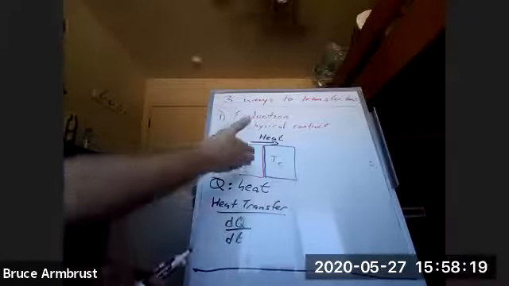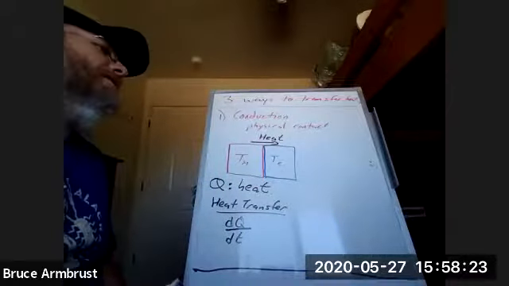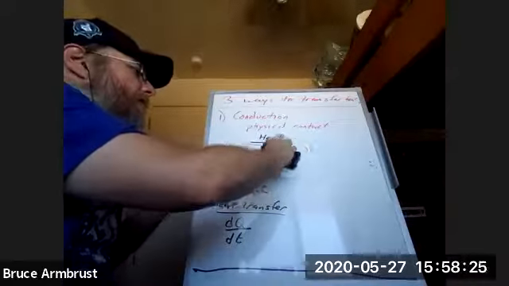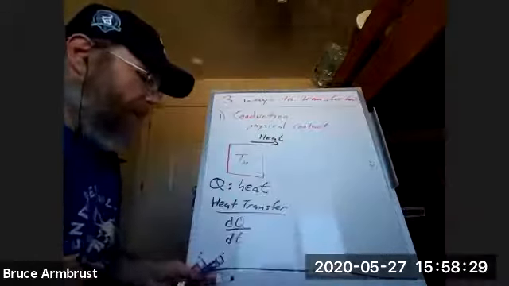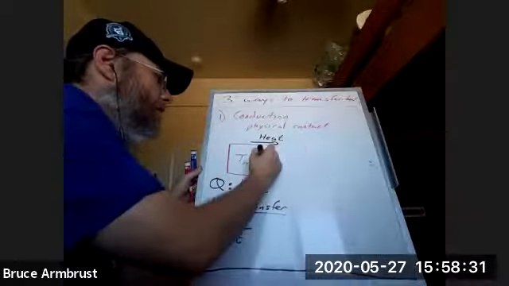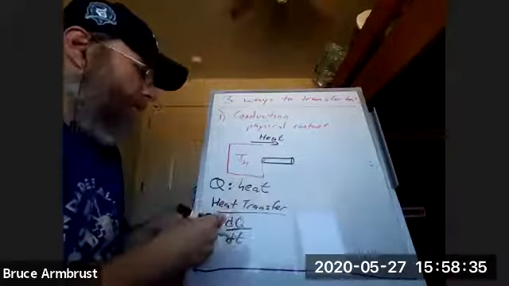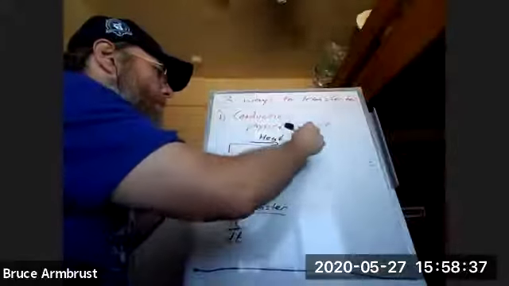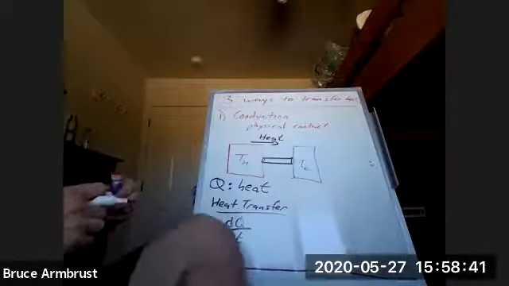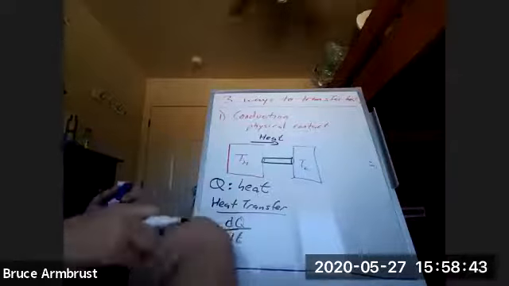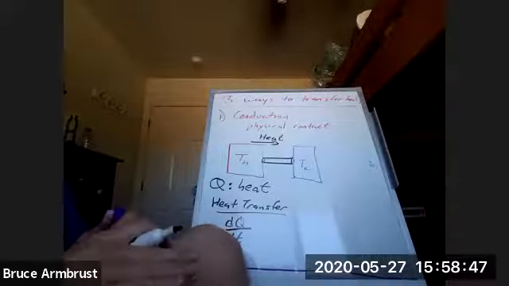Okay, so how this plays out. Let's put something between these hot and cold to be our agent of transfer. Let's just put a rod or something. It doesn't have to be a rod. It could be a column of air, a tube of water, whatever, but we've got something here.